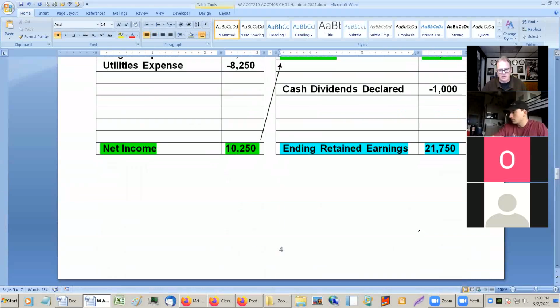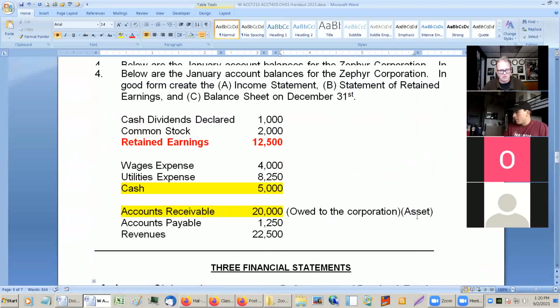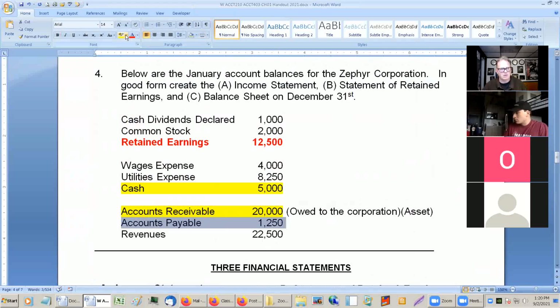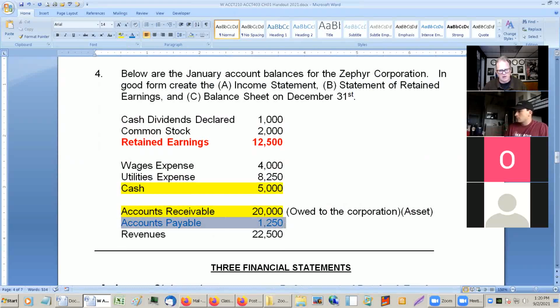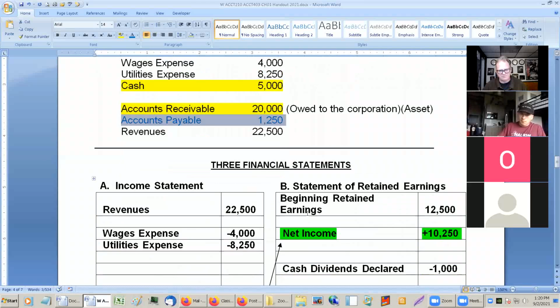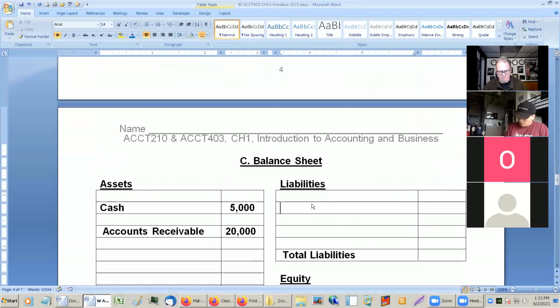Okay, now for liabilities. Accounts payable is going to be our liability. We owe somebody $1,250, and that's the only liability we have.